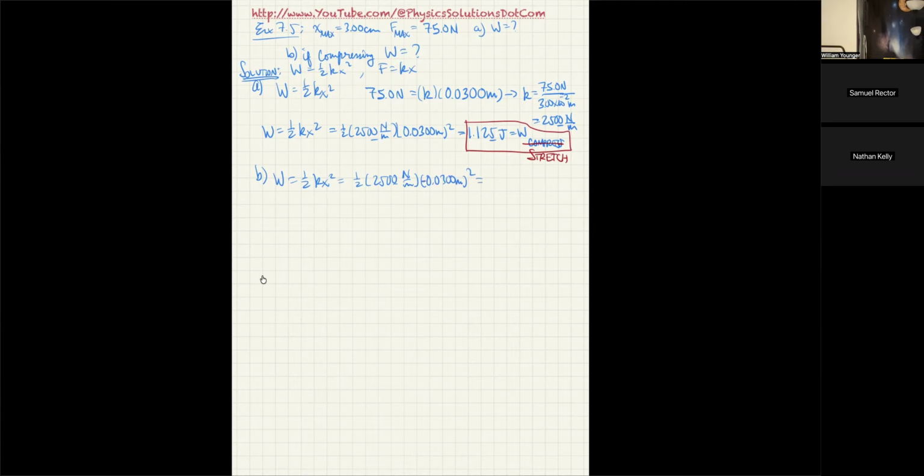In this case, you might put the negative in there, but you see that squaring it is what happens, so it's still going to come out to be positive, and we're going to get 1.125 joules equals work compressing. So this time it is actually written as compression. Any questions on that one?